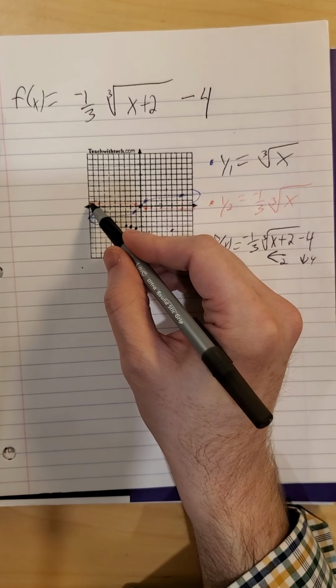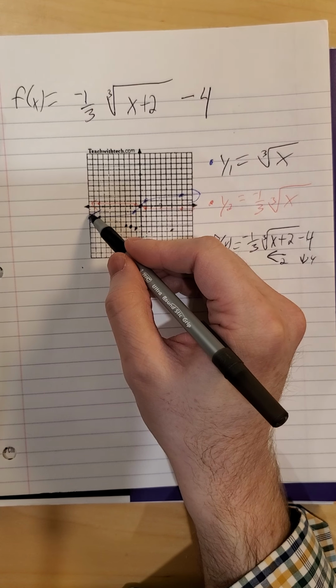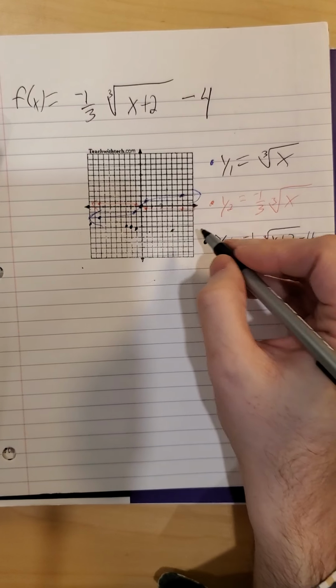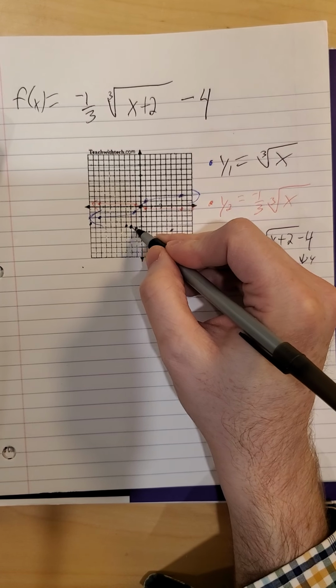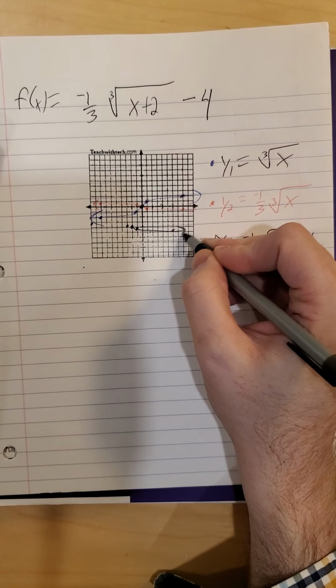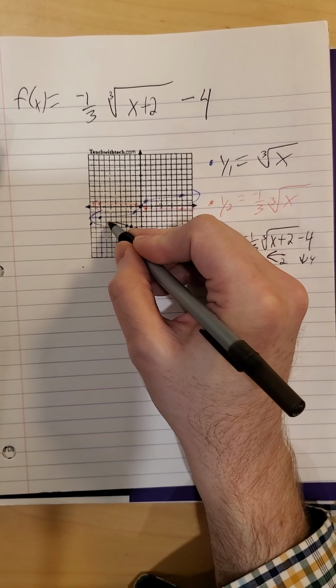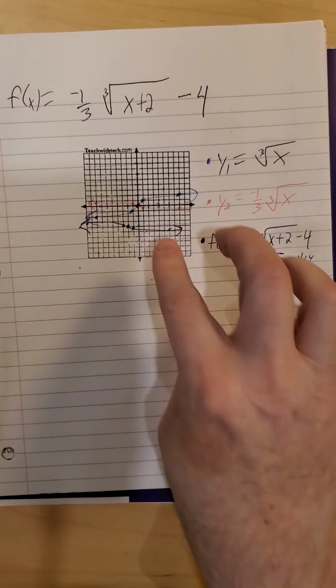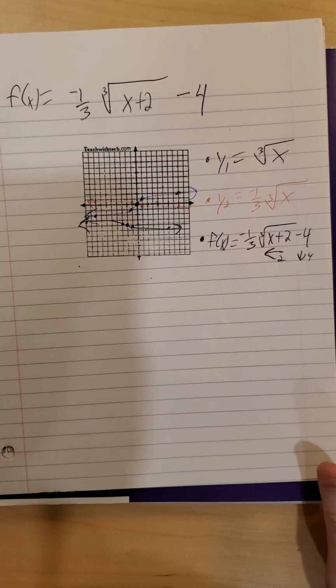And the same for the rest of the points. So same shape. Just compressed it and shifted it. So 3 stages, 1, 2, 3 on there.